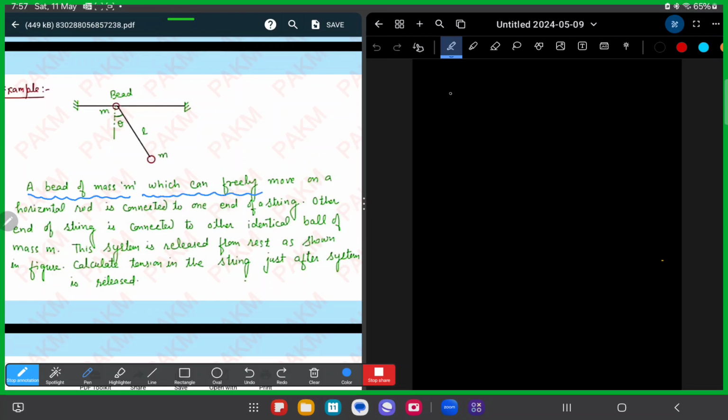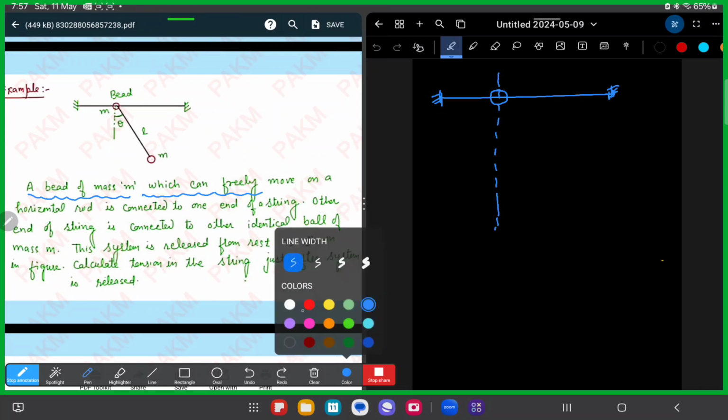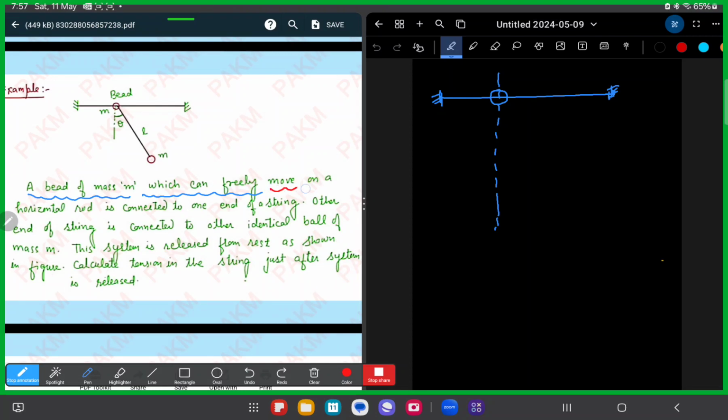This is the bead, and the bead is moving freely across this. The rod is clamped, and the bead is moving freely. And this is the vertical, horizontal rod. This is a rod actually.